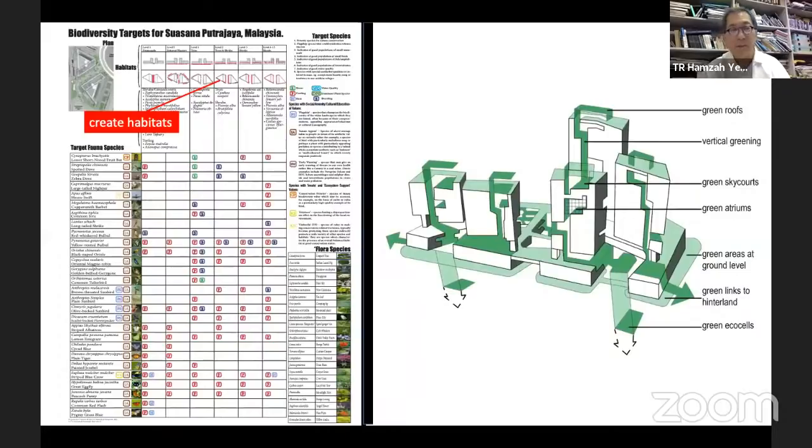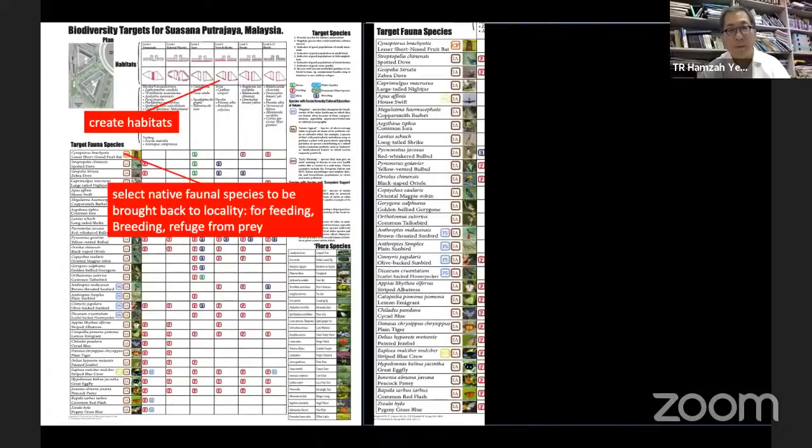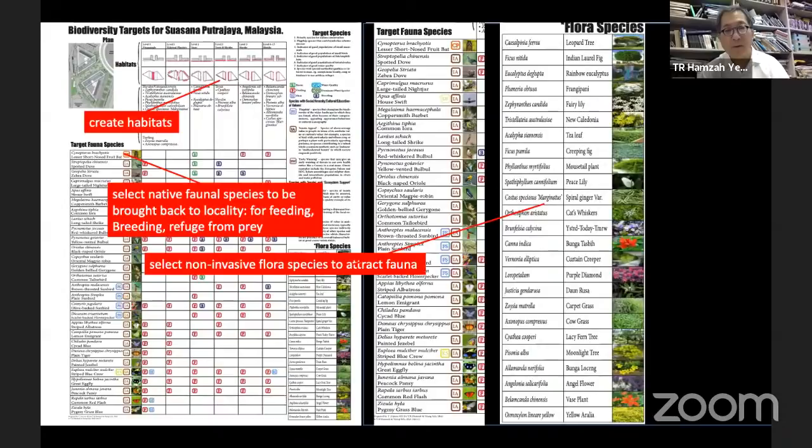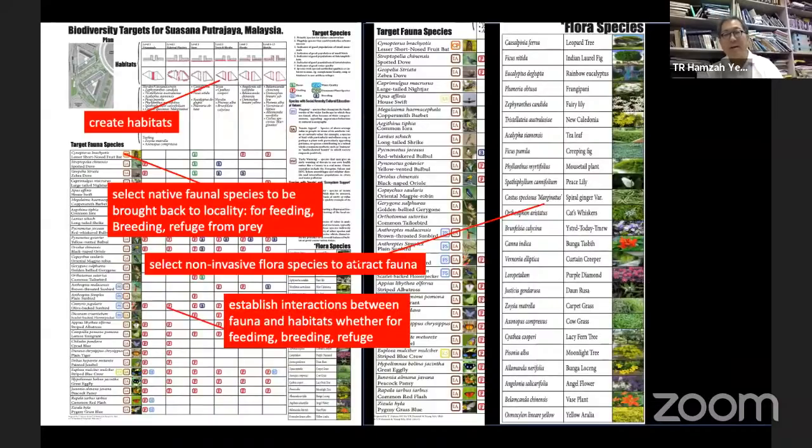And so we started to prepare what we call a biodiversity matrix, where at the top column we have all the habitats, and then on the left-hand axis, we identify fauna that have disappeared from the site that we want to bring back. Once we identify fauna, then we look into the type of flora to attract the fauna. Once we have this matrix, it becomes a basis for the landscape design. So we call this a biodiversity targets matrix.